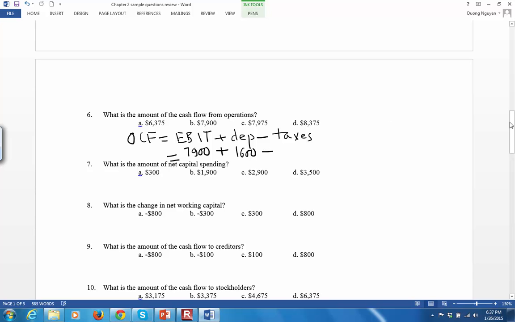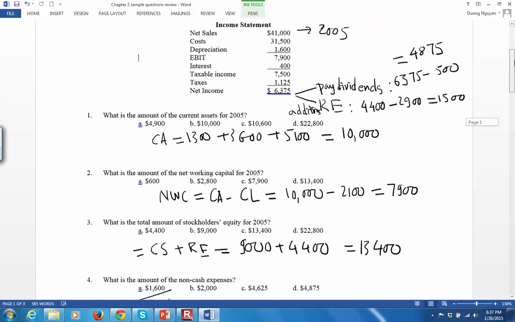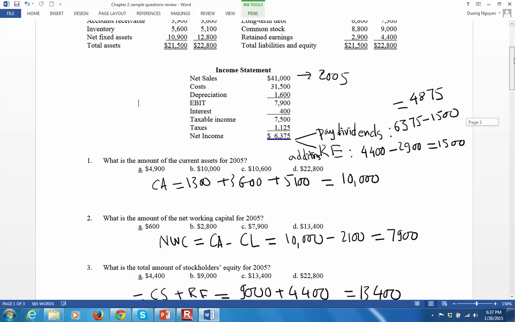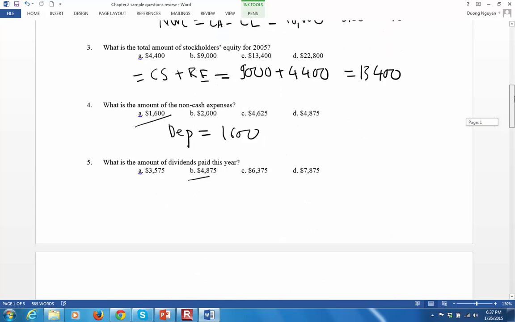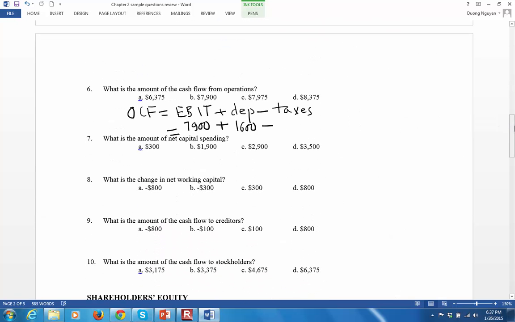How much taxes did the company pay? You can see it is 1125. Minus taxes, which is 1125, and the answer is 8375, which is answer D.